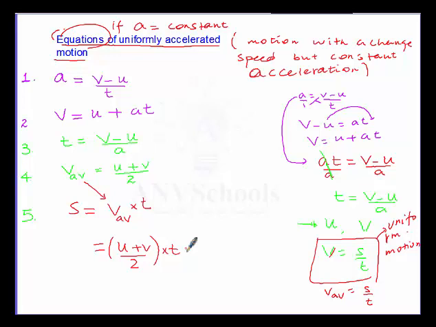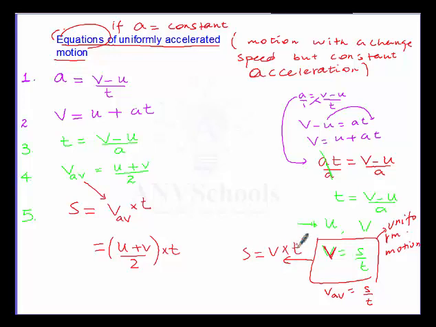The distance for a non-uniform motion is calculated by the sum of initial speed and final speed divided by 2, multiplied by t. For uniform motion, speed is defined as s over t, and if you want to make s, the distance, the subject of the formula, then s is given by v multiplied by t.